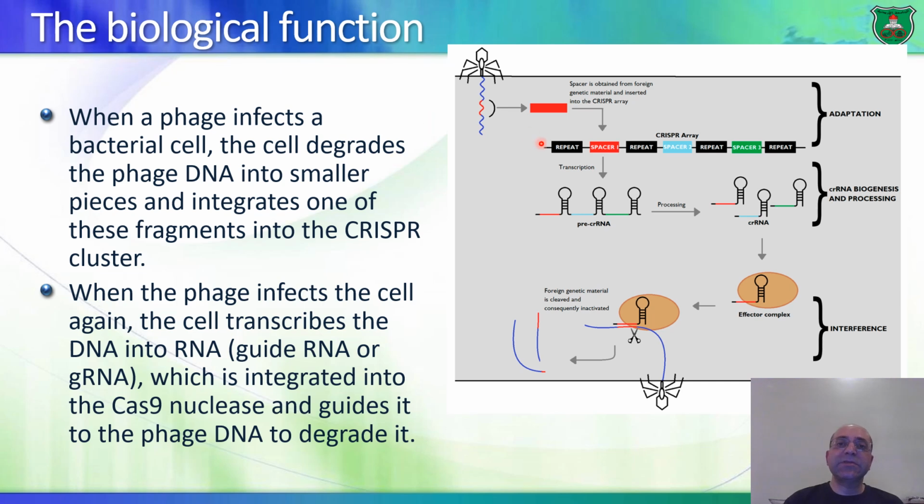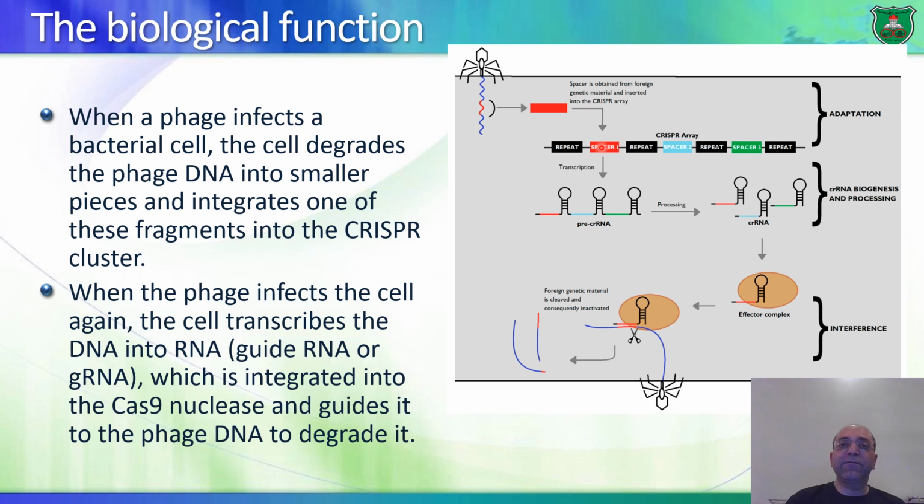It's a sophisticated system. So you have the bacteriophage DNA now inside the bacterial cell. Now, what the bacterial cell does is that it activates enzymes like restriction nucleases, and these enzymes cleave the bacteriophage DNA. The bacteria then take this piece of DNA and insert it into its chromosome.